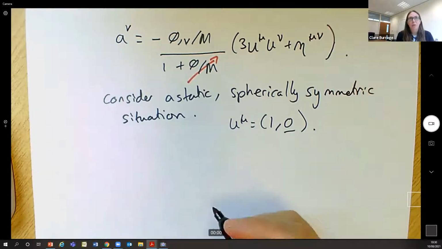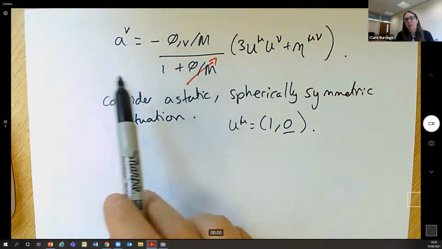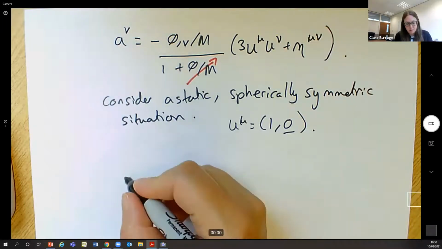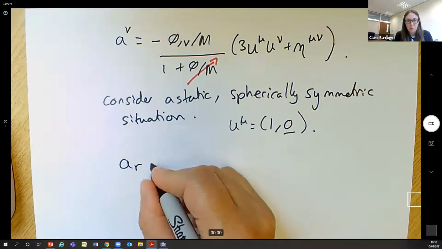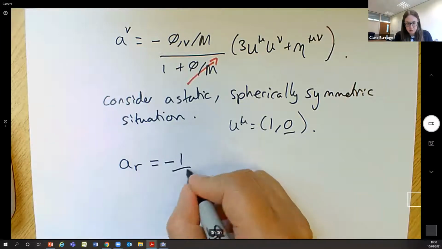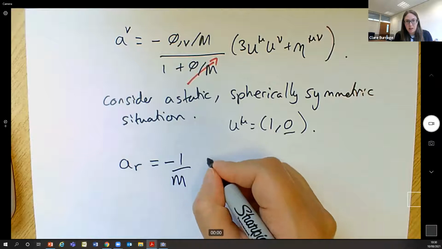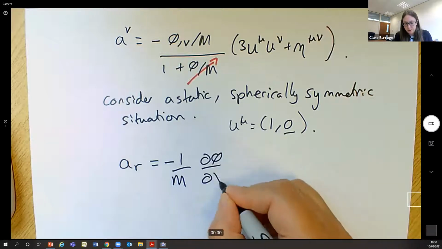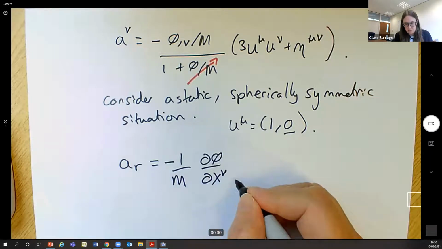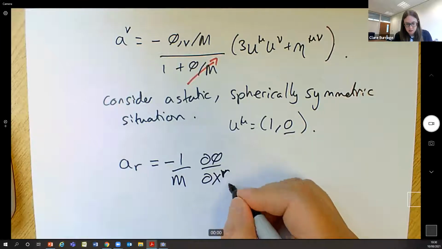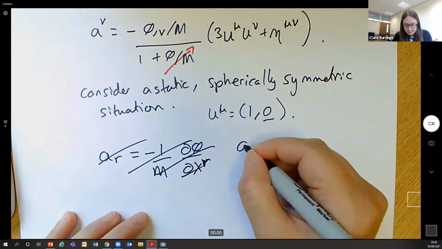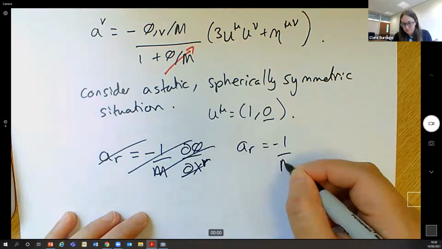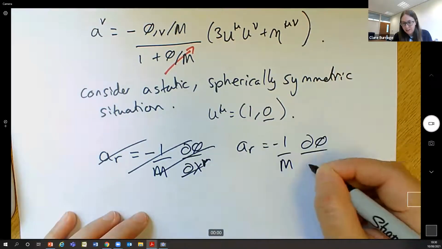And then taking just the radial component, which is the only acceleration which is non-zero, we find that we get 1/m, and then we get d phi by dx mu. Sorry, dear, I've mixed up my indices there. Hang on, let me write that again. We get a to the r is -1/m d phi by dr.